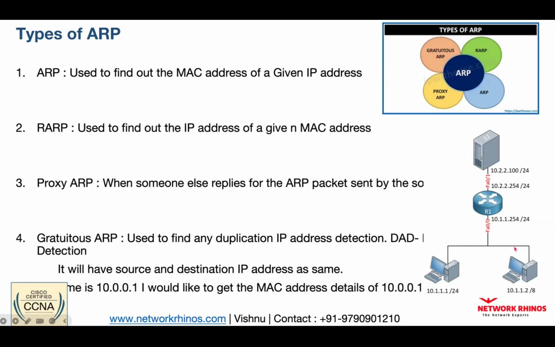It's also a gratuitous ARP only. So gratuitous ARP means just to find out duplicate address detection, and they will respond back. In gratuitous ARP, both source and destination will be the same only, guys.